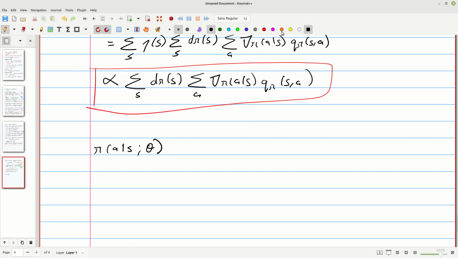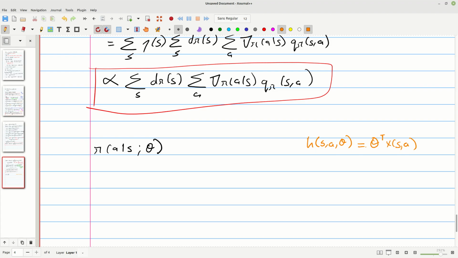So we can use something like h of s comma a comma theta to indicate which actions we prefer over others. If we use something familiar, for instance, it could be theta transpose x of s comma a, if we're dealing with linear functions, but the theta here could be an entire neural network or whatever.